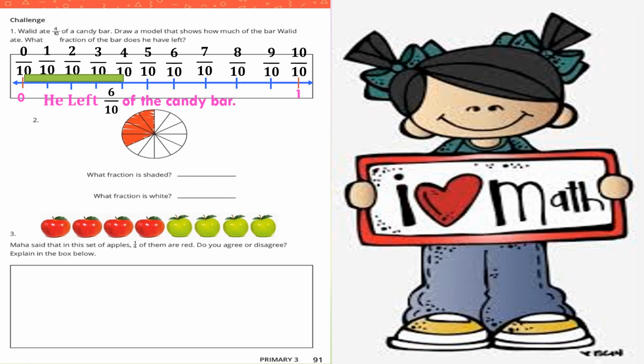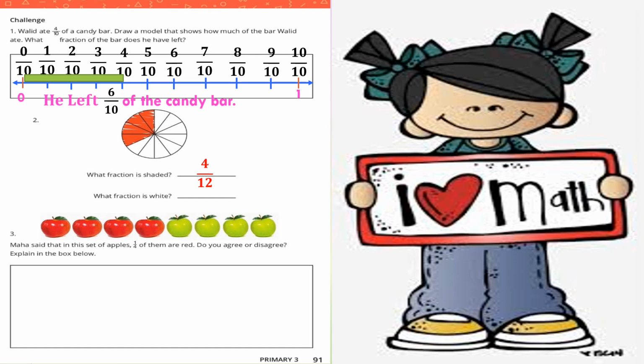So let's count all of these parts. 1, 2, 3, 4, 5, 6, 7, 8, 9, 10, 11, 12. So the fraction of colored parts here is 4 out of 12. 4 is the number of colored parts and 12 the number of total parts.